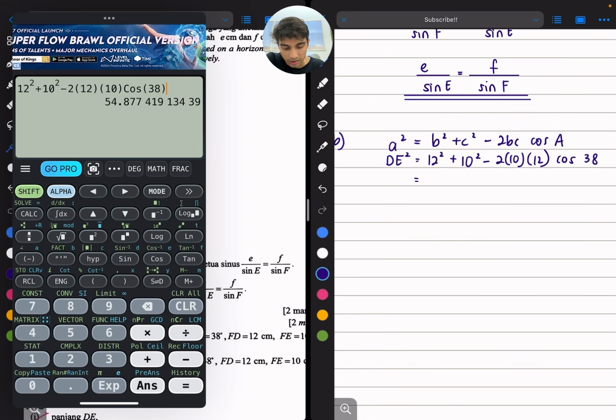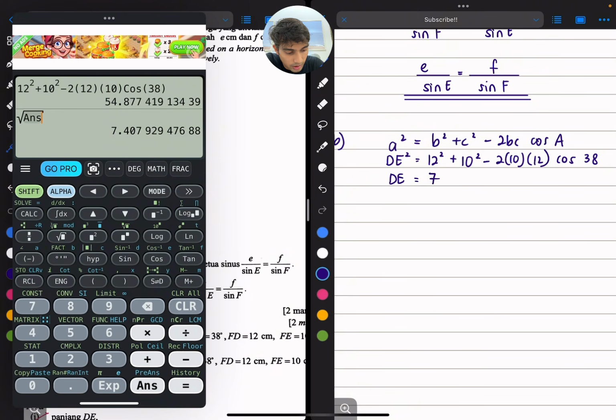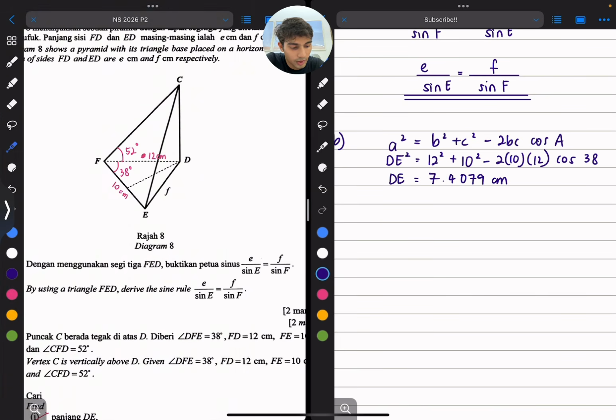So DE square is this. Then we have to square root this answer. So DE is 7.4079. Done.